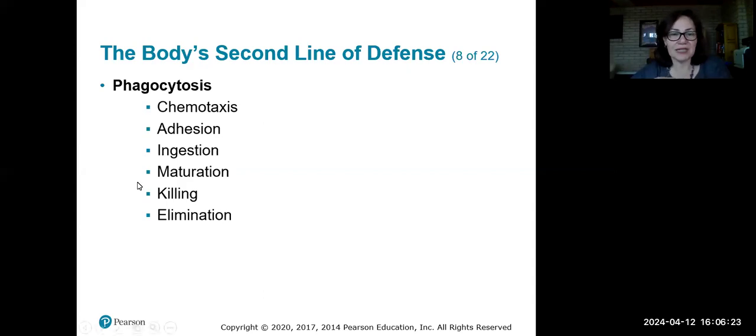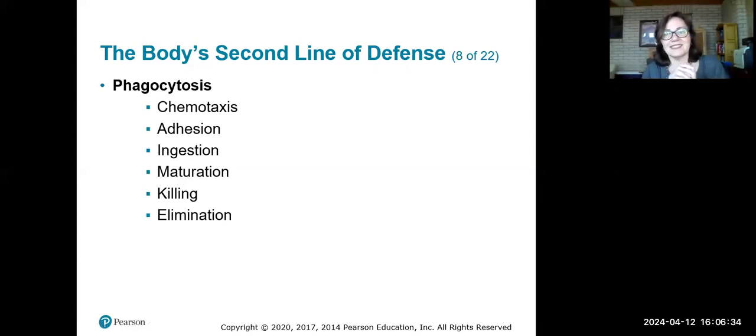It's awesome. Adhesion, they grab a hold of the bacteria, ingest, pull it in. Maturation, the lysosomes have to fuse with this bubble where the bacterium is inside the cell, and start dissolving the thing, kill the bacterium, and then finally get rid of that waste.